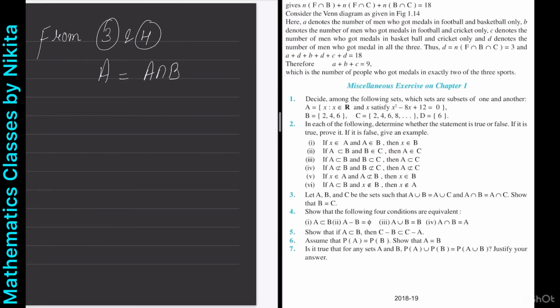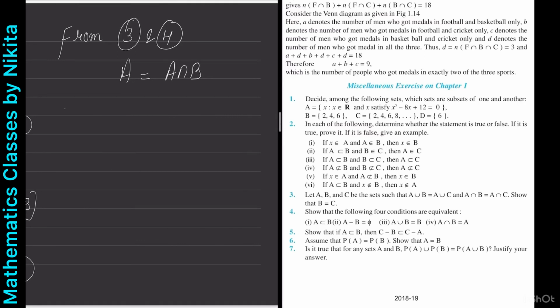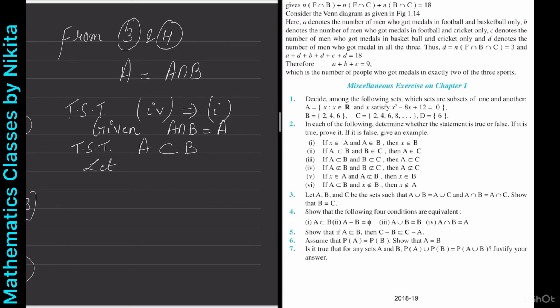Now last thing we have to prove that 4 implies 1. So what is given to you? It is given that A intersection B is equal to A and you have to show that A is a subset of B. So let us start with any element x in A. So let x belong to A. So this implies that x belongs to A intersection B because the set A is equal to A intersection B. So it is given to us.